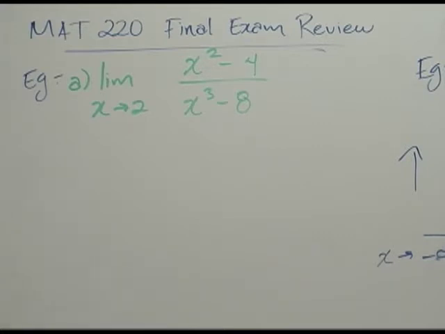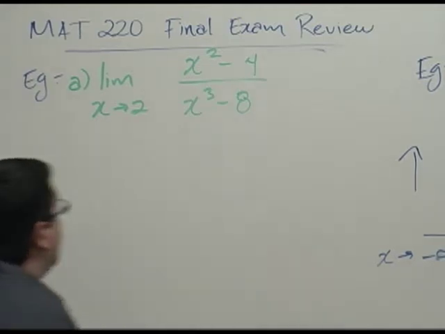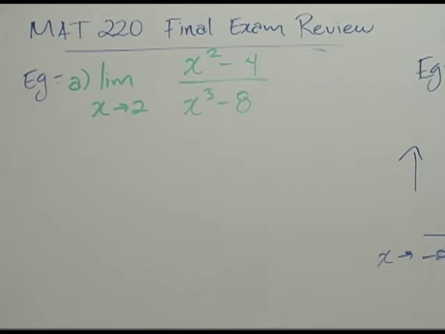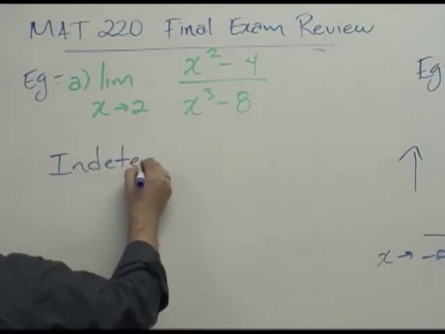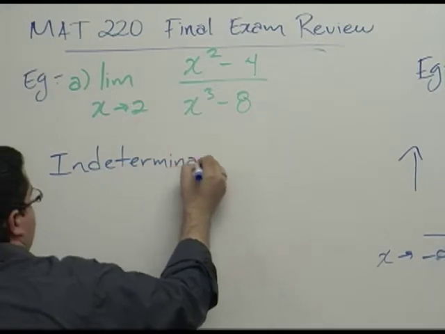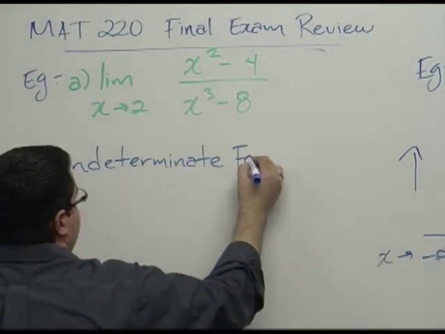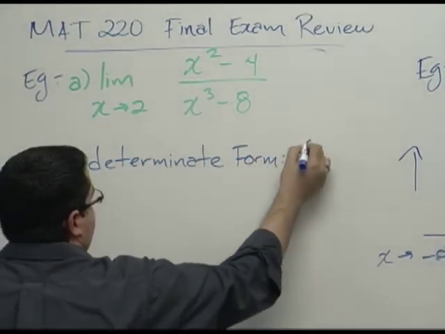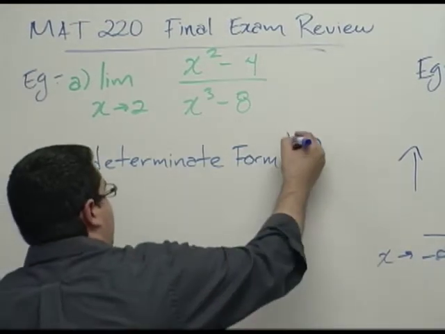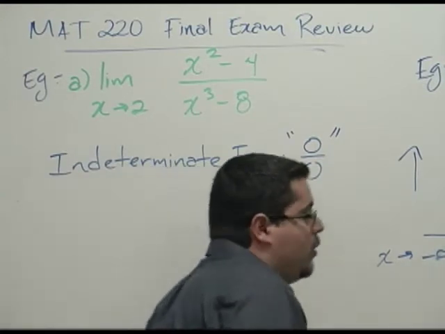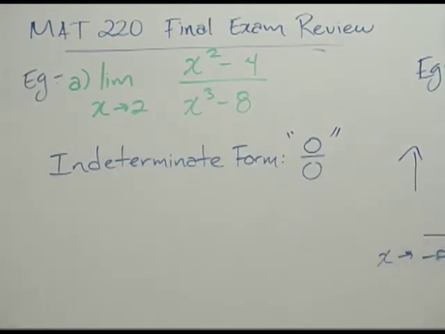So there's two ways to go about this. Okay? One way will be to think of this as an indeterminate form. This is a 0 over 0 form, which means that we might be able to use L'Hopital's rule.